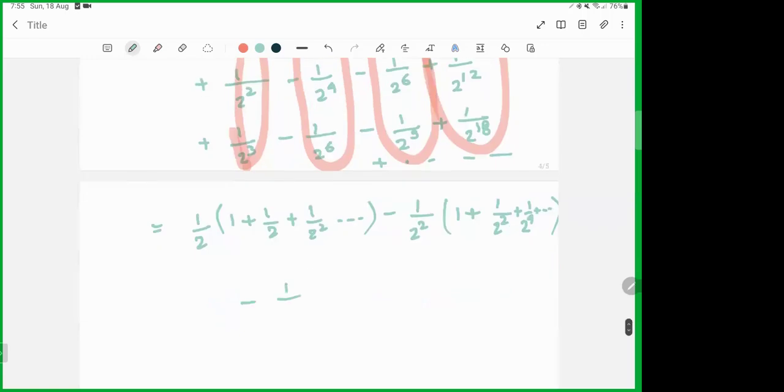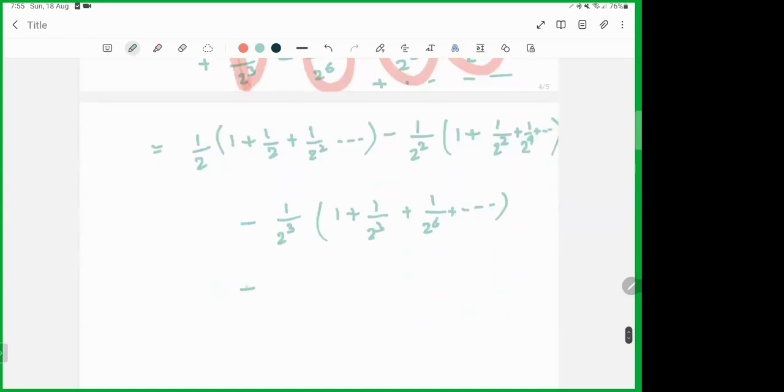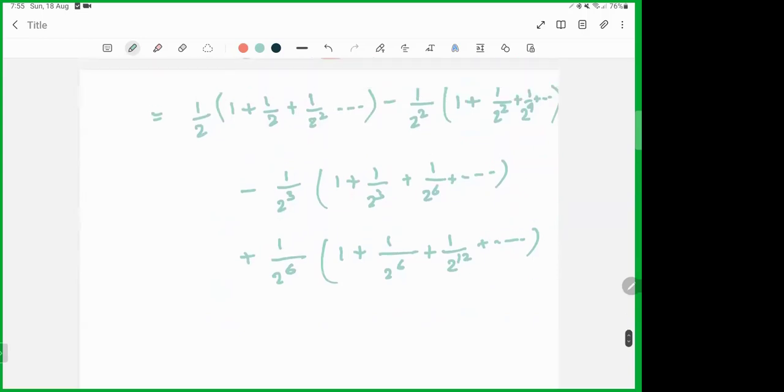Similarly, in the third term, you take 1 by 2 cube common out, so this will be of the form 1 plus 1 by 2 to the power 6 plus 1 by 2 to the power 12 and so on. Now this is just calculation, so you can compute this.